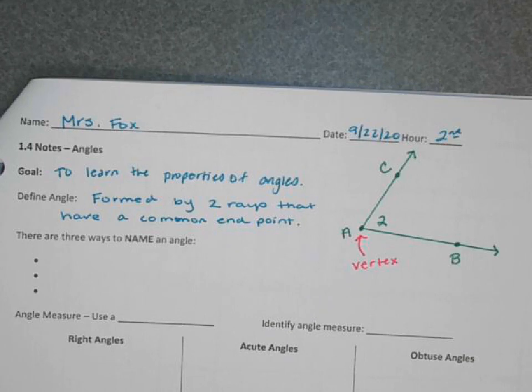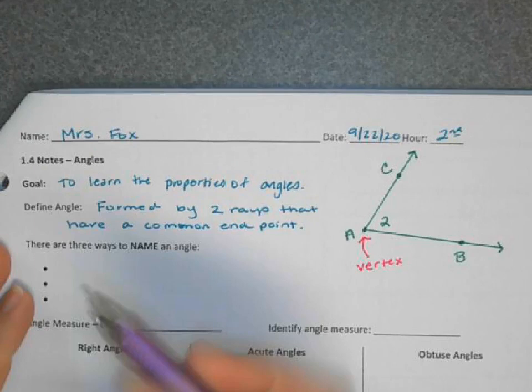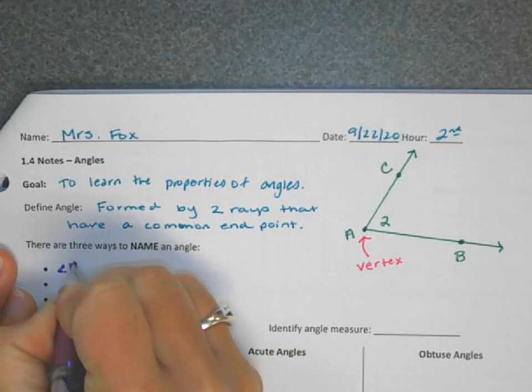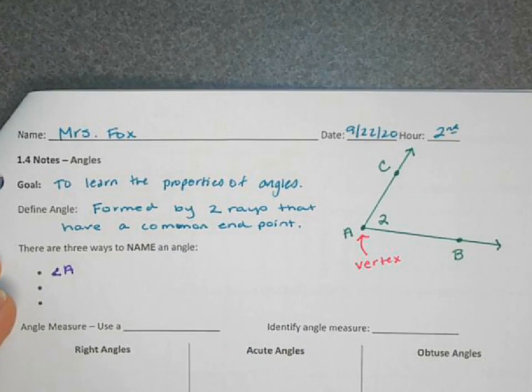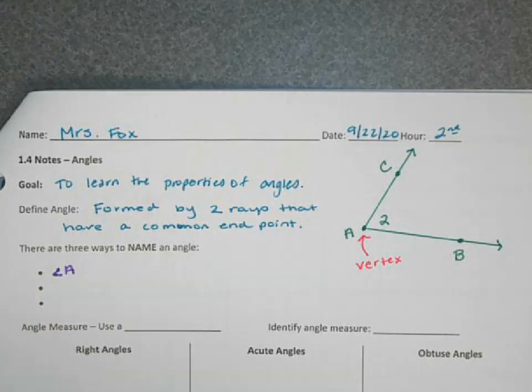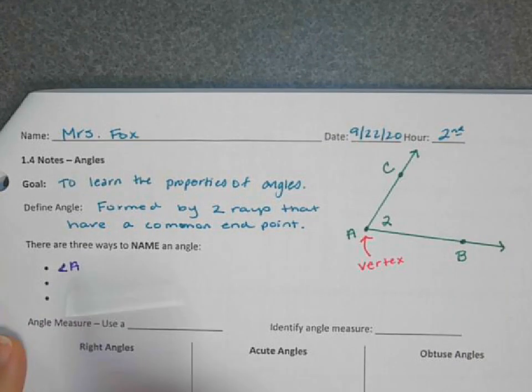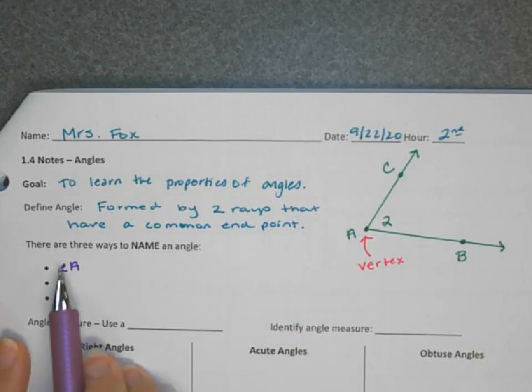So there are different ways to name this. One of the ways that I could name this is angle A. Now the reason I can name an angle A is because that's the vertex. Now that's just an angle symbol.